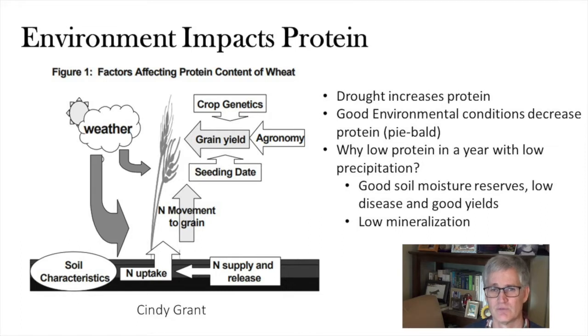Well, in some years we do have low precipitation, but we have good soil moisture reserves. And so we still end up with good yields due to adequate moisture and also low levels of disease. Anything that increases your yield is going to decrease your protein. But the other kicker here is that the soil surface is dry and the organic matter is not mineralizing to release nitrogen. So there's a double whammy in those years.